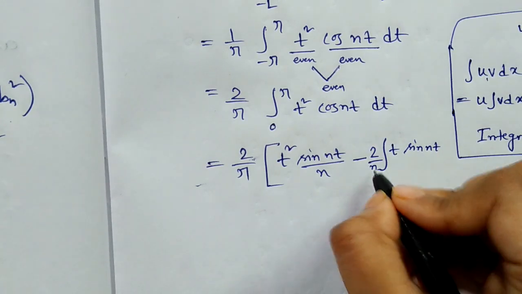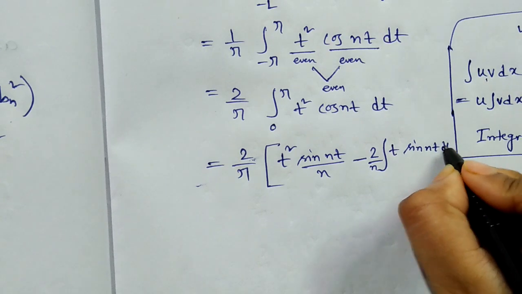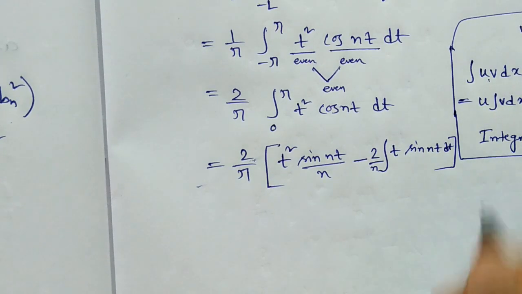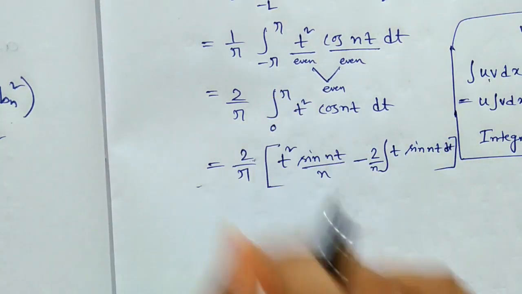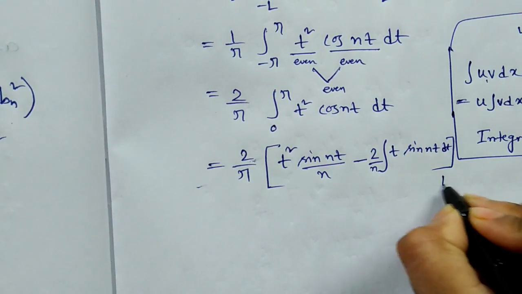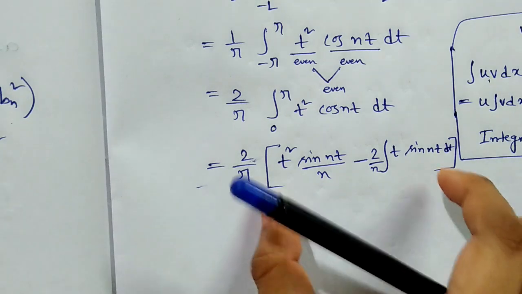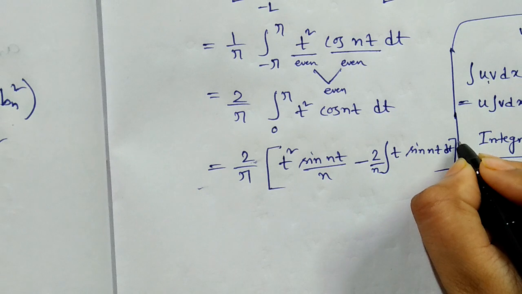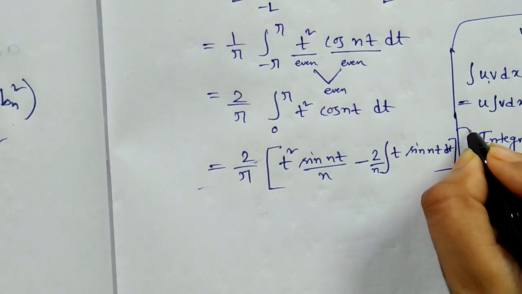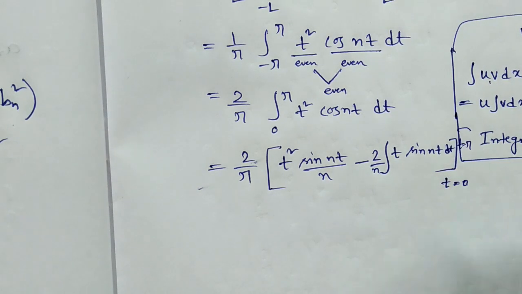So I am writing n outside of this integration dt. And since as a whole this is the range of integration, we can write outside of this total part, t equal to 0 to pi. Okay, t equal to pi.